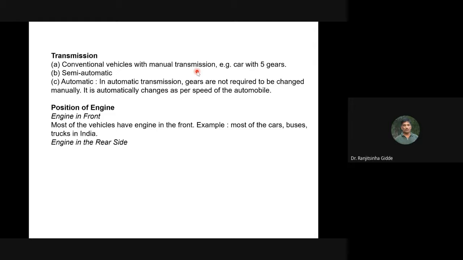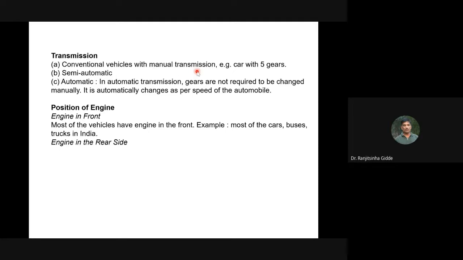And what is automatic? In automatic transmission, gears are not required to be changed manually. It changes automatically as per the speed of the automobile. Only speed is the aspect, and based on that, whatever torque is required can be provided automatically just by using sensors.